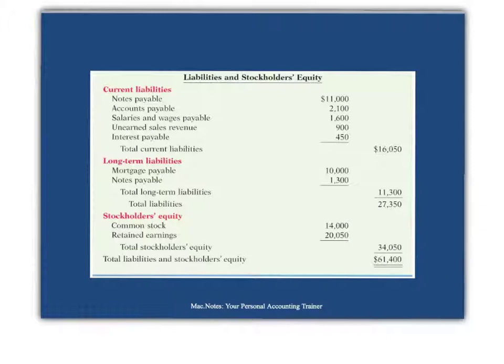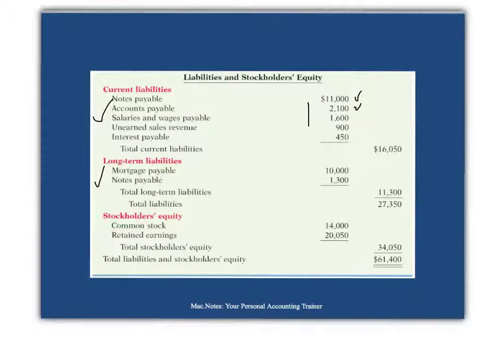Now, by the same token, we classify the liabilities into short-term and long-term. And the current liabilities, notes payable, I owe money to some other business and I have given them a note. Accounts payable, that's what I owe my suppliers. Salary and wages payable, unearned sales revenue, and interest payable are all current.